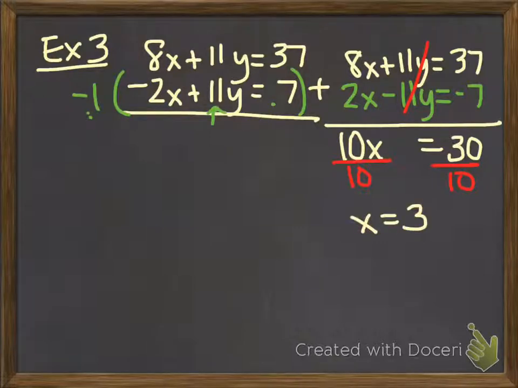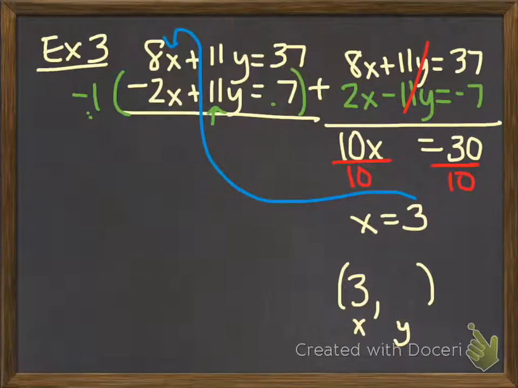That gives me part of my point of intersection, 3. I need the y coordinate, so I'm going to plug it back in. I'll take the 3 and put it in here for x. So 8 times 3 is 24, plus 11y equals 37. All I did was take the 3 and put it in for the x right here.